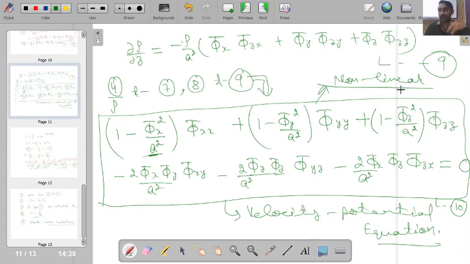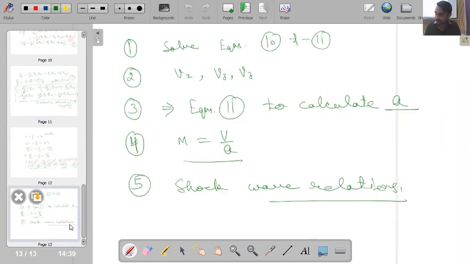So we have to go for either numerical solution or we have to linearize this equation. Particularly for subsonic and supersonic flows, we can linearize this equation by making certain assumptions of small perturbation theories. Let's try to see how we can do that.